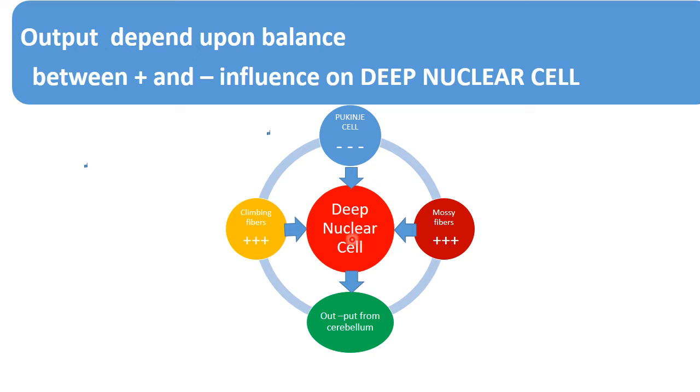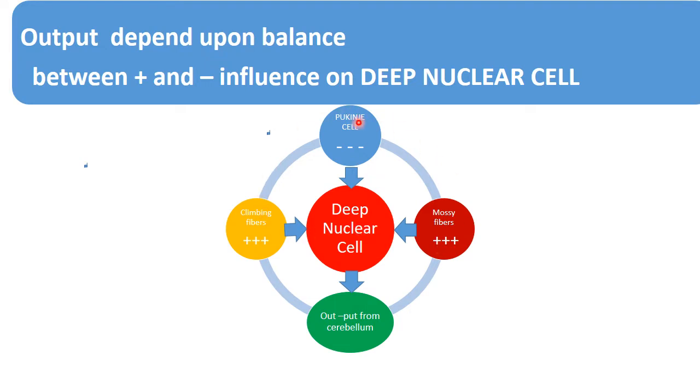So whatever the output of the cerebellum is depends upon the balance between the positive and the negative influence on the deep nuclear cell. The deep nuclear cell is always inhibited by Purkinje cells, which send inhibitory impulses, but in turn it is always excited by excitatory impulses from climbing fibers and mossy fibers.